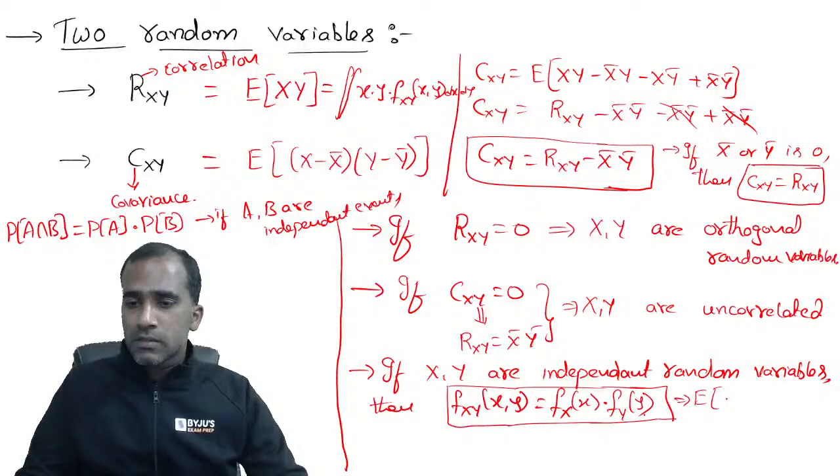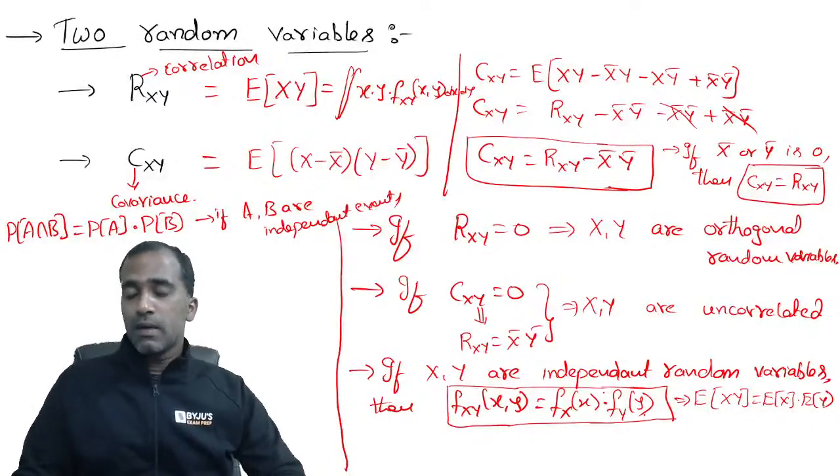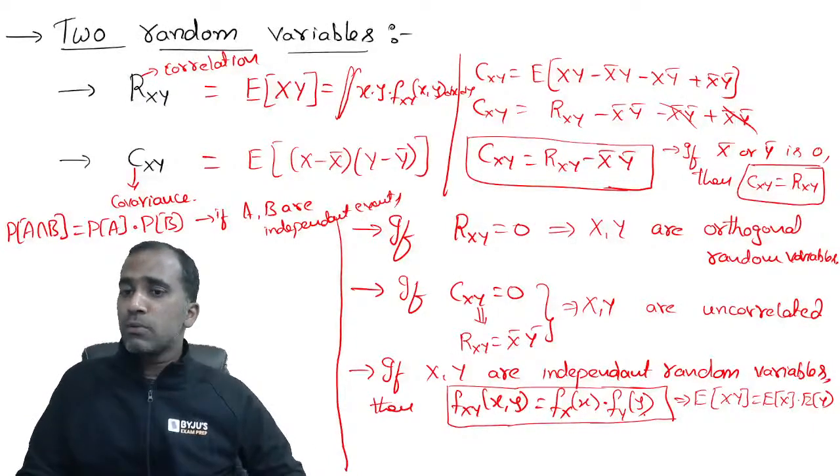Joint moments: expectation of xy. You can write it as the integration of x into y into Fxy of x comma y dx dy. If you replace the joint PDF with the product of individual PDFs, you can write it as expectation of x into expectation of y. If x and y are independent, not only is the joint PDF equal to the multiplication of individual PDFs, joint moments are also equal to the multiplication of individual moments.